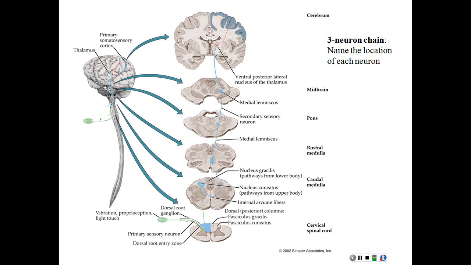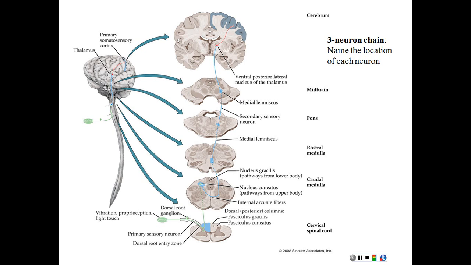So those are the three players. We've got a dorsal root ganglion neuron, we've got a neuron in the brainstem, and we've got a thalamic neuron. 1, 2, 3. If you look at it, it's the second neuron whose axon crosses the midline. Not the first, not the third, the second.